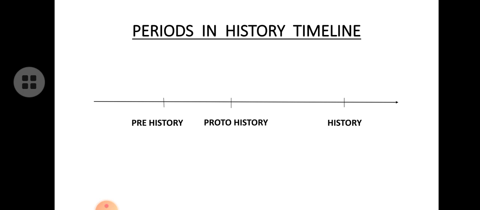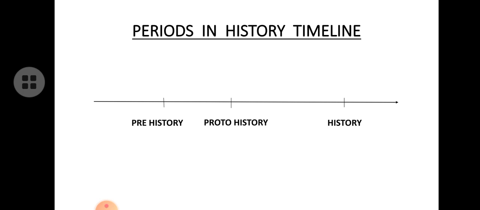After the prehistoric period, there was a short period, not long, called proto-history. What is proto-history? It is a time period between the prehistoric period and the historic period in which man started civilization. Man became a social being. He started to progress and develop, not like prehistoric man who was like an animal.